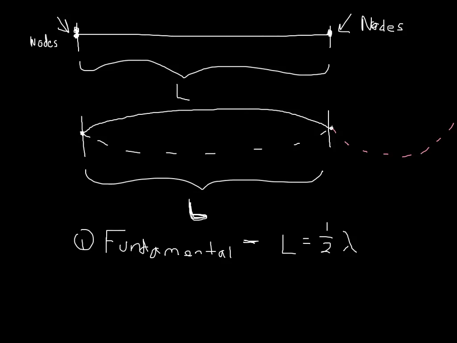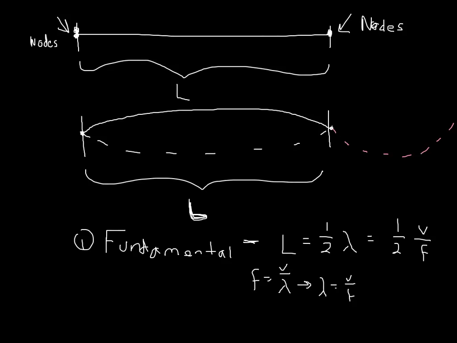If this is a guitar string, I want to know what frequency this creates, what sound I actually hear. I know that frequency is equal to velocity over wavelength. So I can shuffle this equation around, solve for wavelength, and find that wavelength is equal to velocity over frequency. So the length, equal to 1/2 of a wavelength that I can fit on my string, is equal to 1/2 of the velocity that my wave is going at divided by my frequency.